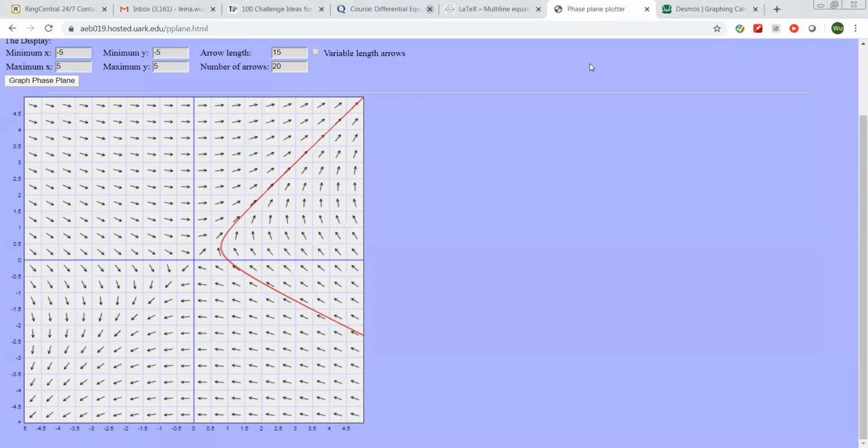Yes, that is because our solution here still has the independent variable t, so this is a parametric equation.